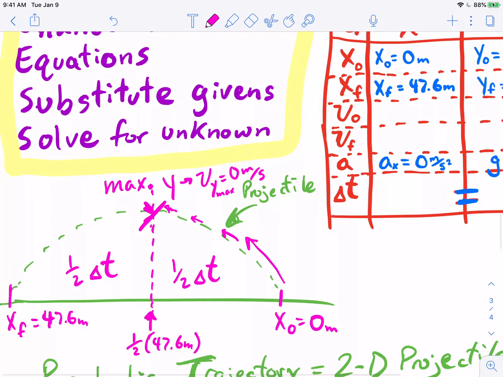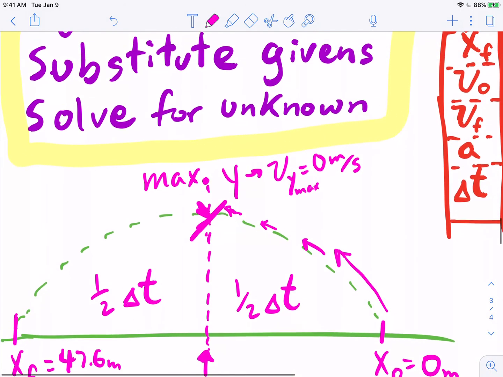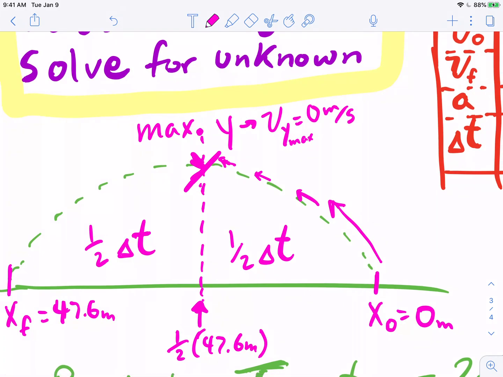And that is something that's huge sometimes for solving a projectile puzzle. So it's really nice to keep in your head. And why? Well, it literally has to stop moving upward so it can turn around and come back down, right? And when it starts coming back down, it's not moving very fast at first, and then it gets faster and faster because gravity is constantly speeding it back up.